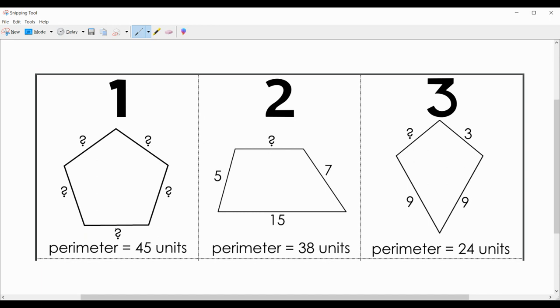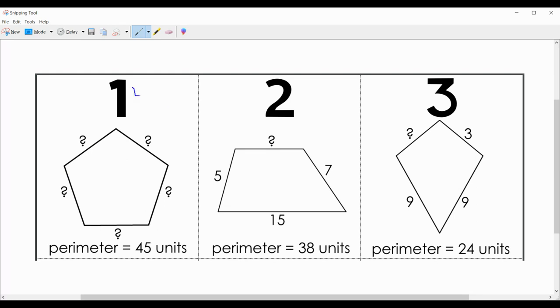Number one, the first thing I want to notice about this shape is that it appears that all of the sides are equal on this shape. And I kind of know this because they don't give me one side length. So what they do give me is the perimeter down here though. So if I'm looking at the perimeter and it's 45 units and there are 5 sides to this shape and every side has to be the same, then I'm going to say I have 45 total perimeter all the way around this entire shape, and I have 5 sides.